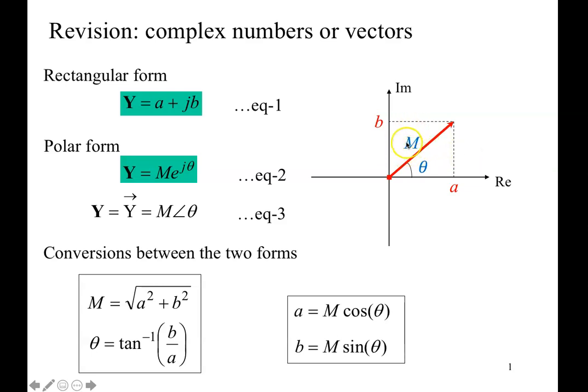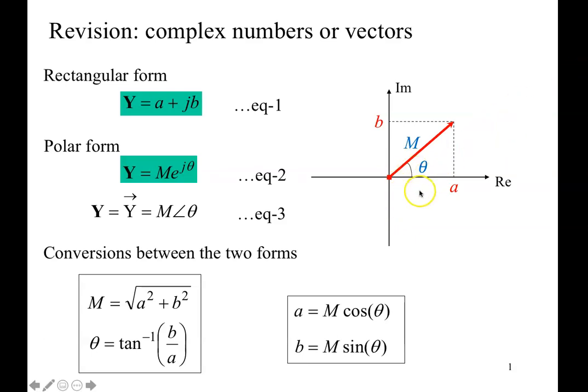Therefore, M equals the square root of A squared plus B squared. This angle, the opposite side is B, so B over A gives me tangent theta. Therefore, theta equals arctangent B over A. So that's how we convert from rectangular form to polar form.